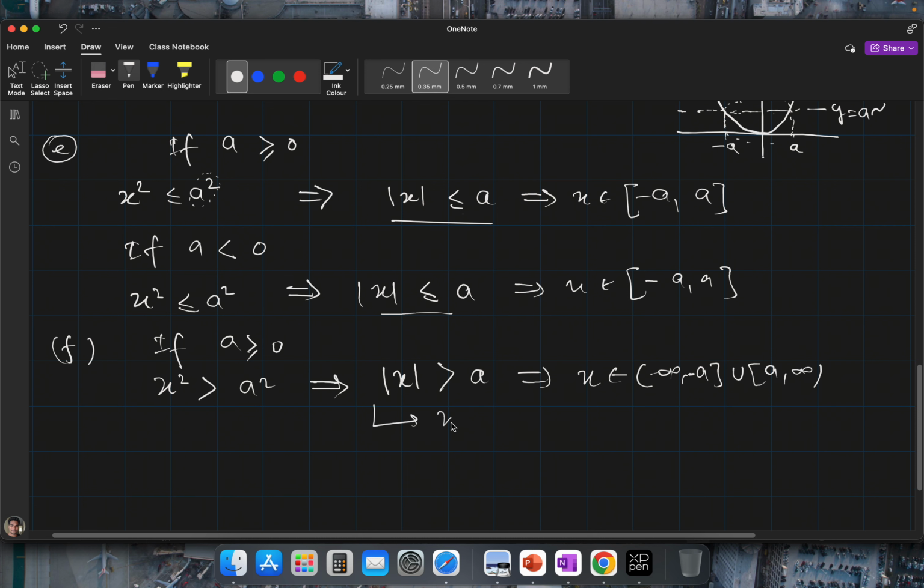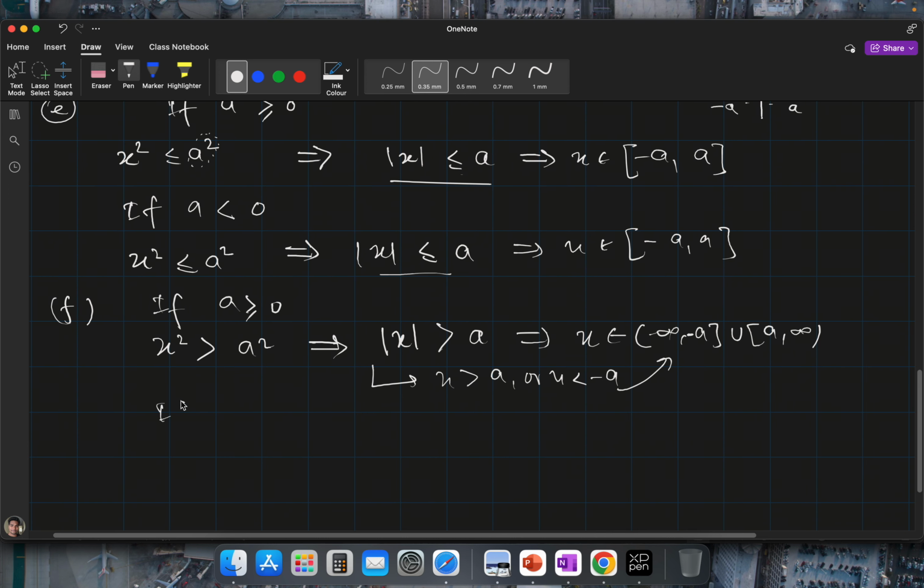If you want to remember, you can also write x is greater than a or x is less than minus a. These two are same. Whenever you see the inequality is less than, the solution will be in between, and whenever you see the inequality is greater, the solution will be apart from the in between. So this is nothing but the apart from the in between.